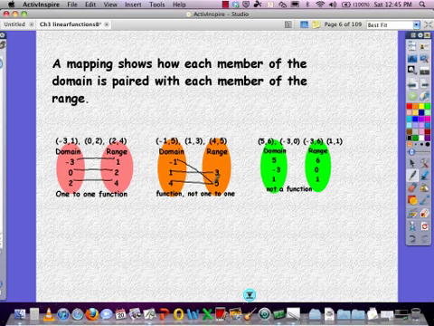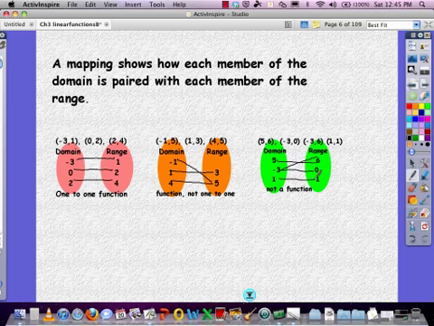And the last one, when we look at it, 5 is paired with 6, -3 is paired with 0, -3 is paired with 6, and 1 is paired with 1. This is not a function, because if you remember the definition again, every x has to be paired with exactly one y, and we've got that -3 that is paired with a 6, and then it's paired with a 0.